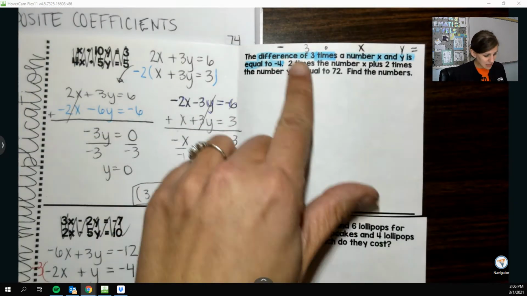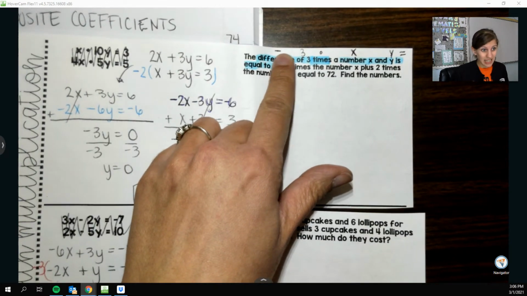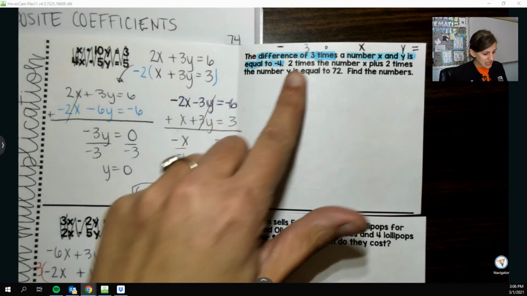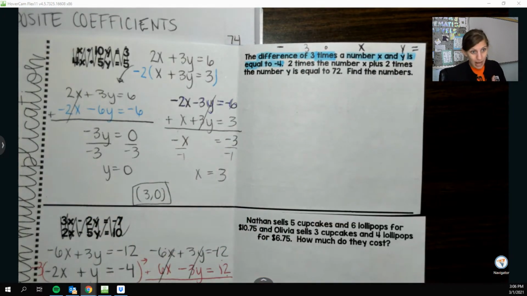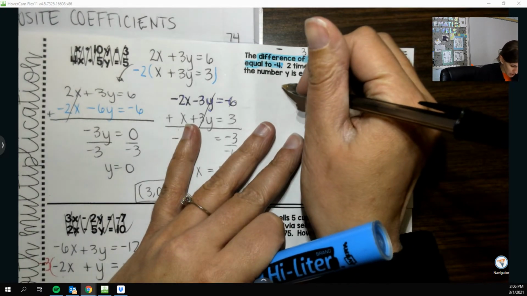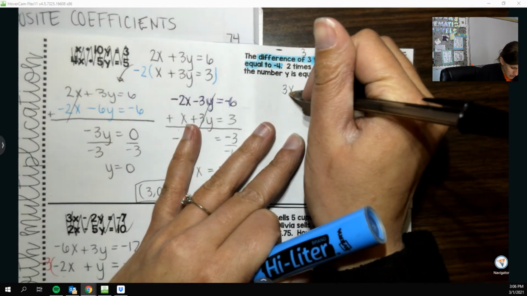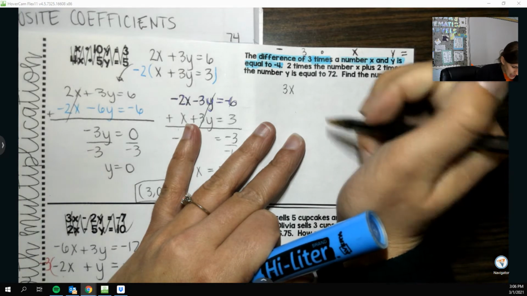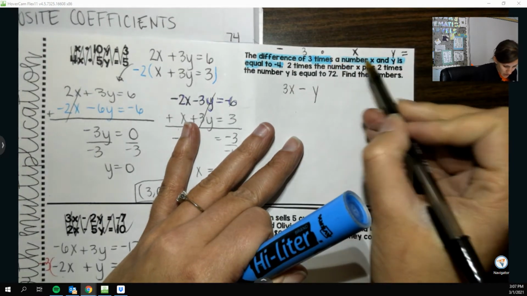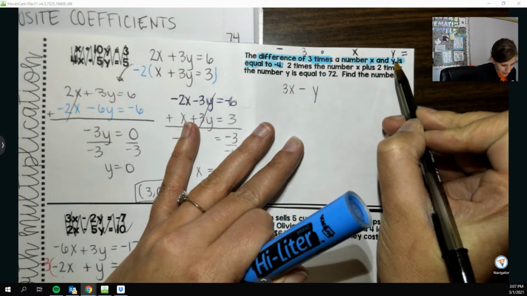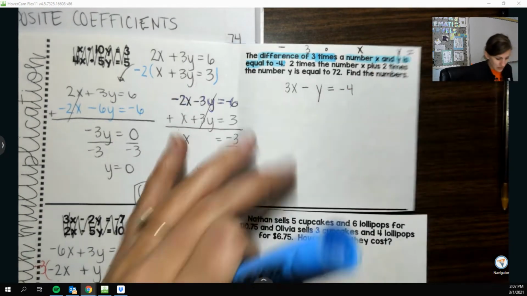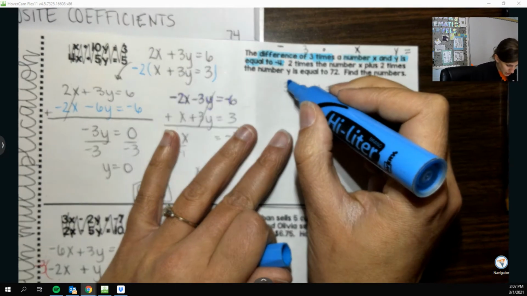If you look at it, it doesn't make much sense right now, like 3 times x, y equals -4. But when it says the difference of a number and y, we are subtracting those two numbers, so I have to rearrange the order a little bit. We should have 3 times the number x minus y, because we're going to take the difference of 3 times the number x and y, is equal to -4. So that's the whole blue equation.